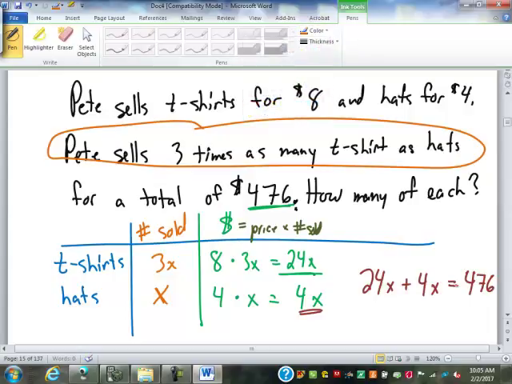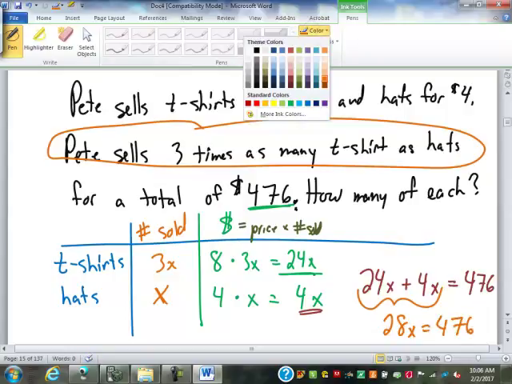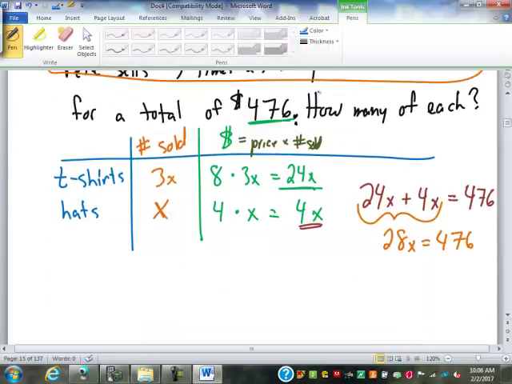Now what do we do to solve this? Add like terms. 24x and 4x make 28x equals 476. And then divide by 28. x equals 17. Now again, we're not done.